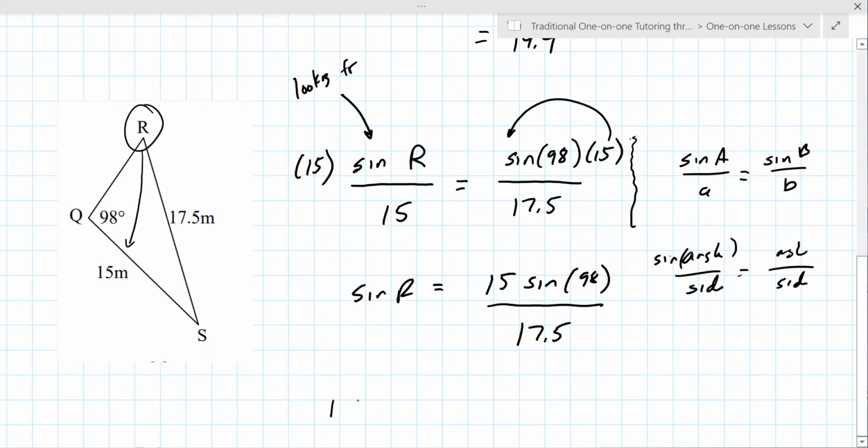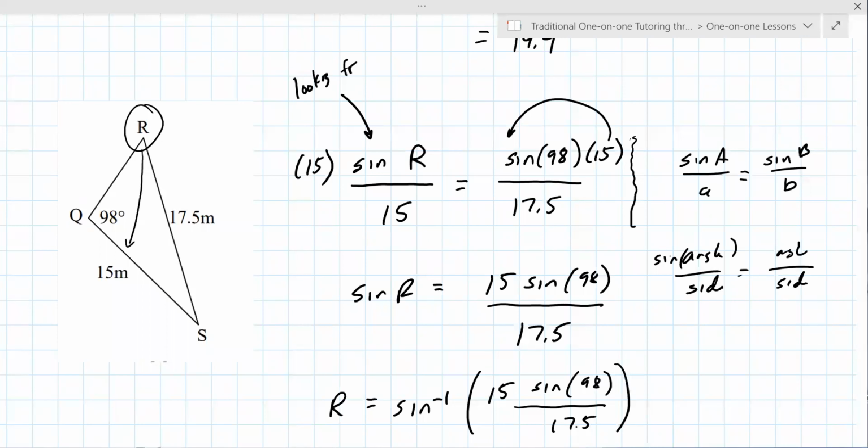Use sine inverse. Your calculator can handle all of this in one step, or you can piece it together. So go ahead and work that out on your calculator and let me know what you come up with.